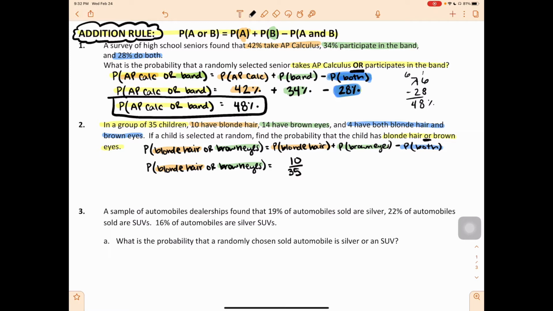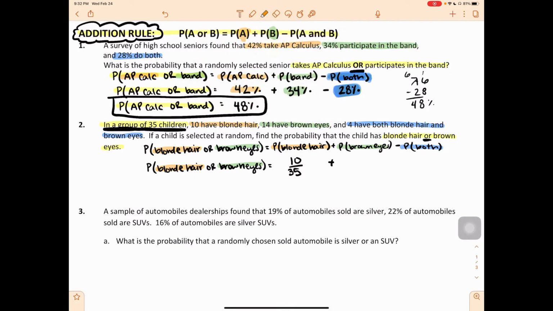If it's a percentage like up above, you don't have to write it as a fraction because we know it would be 42 out of 100 students. 42% is always out of 100. Anything in percentage is out of 100. If there were 100 students there, 42 of them would have been in AP Calc at number 1. But in this case, they told us the total was 35 here in a group of 35 children. So we have to write them as fractions.